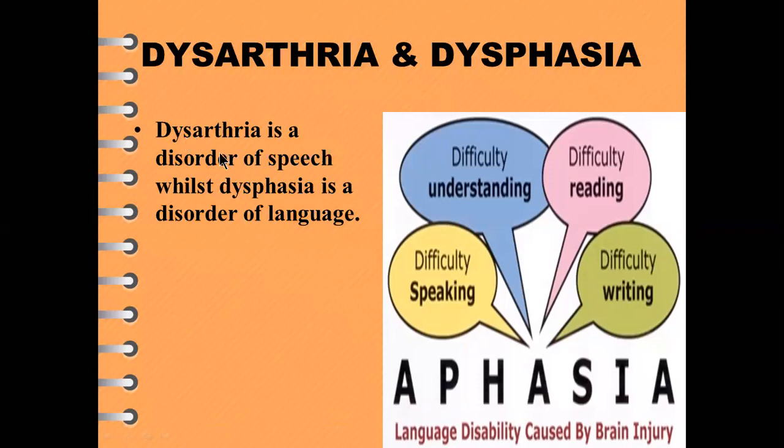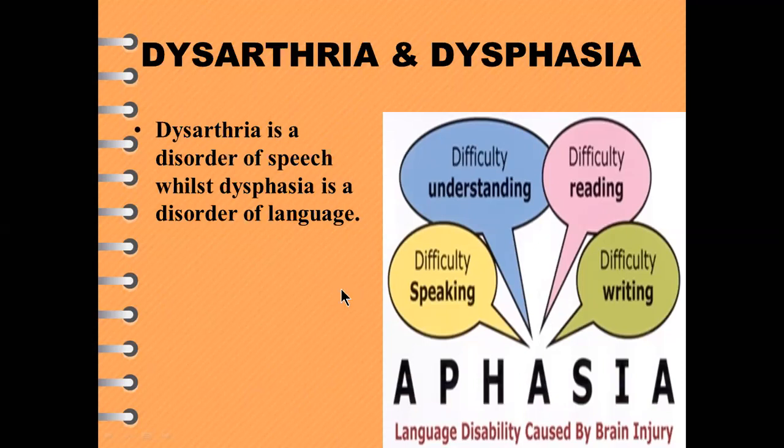Dysarthria is difficulty in articulation. Dysphasia is difficulty in speaking, the pronunciation. Aphasia, the problem is the words will not come from the mouth. So you can see difficulty in speaking, difficulty in understanding, difficulty in reading, difficulty in writing. All these things come under this group of disorder.